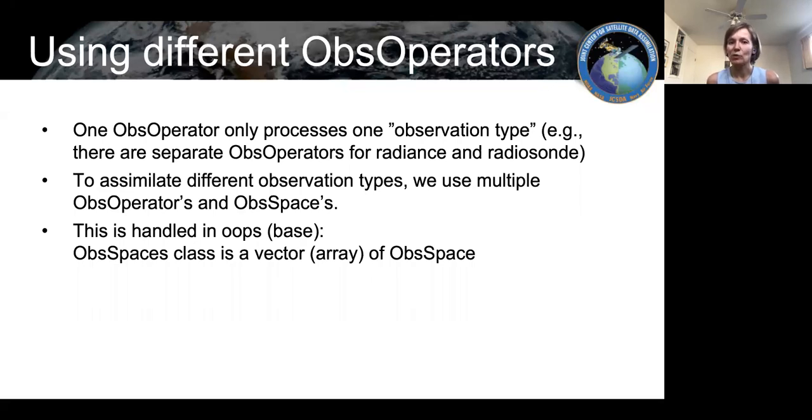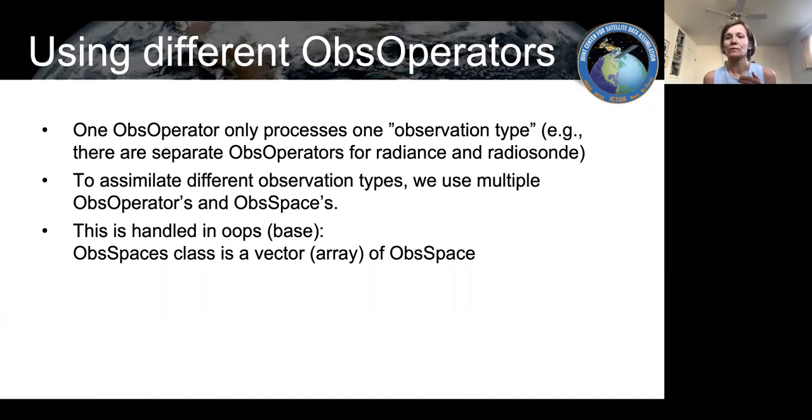And the way the code is organized is we have a one-to-one relation between ObsSpace, which you can think of as something that's associated with one observation file, and an ObsOperator. So we can specify, okay, I'm going to read a file with the radiosonde observations, and here's an ObsOperator that I'm going to use for this.